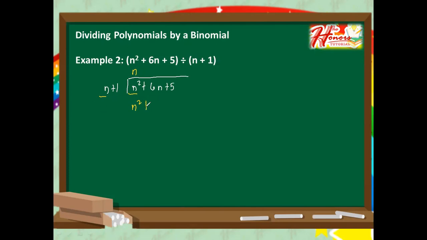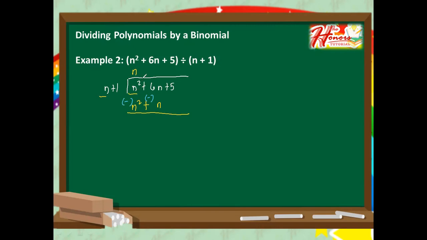So plus n. And then don't forget to change the sign. So n squared is a positive number. We will change this into a negative number. Positive n is a positive number. Then we will change this into a negative number.